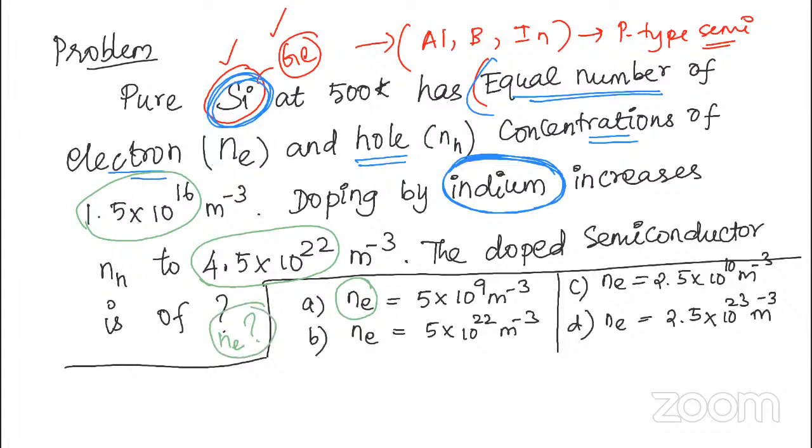Okay, so for the p type we have one formula. What is it? What formula can we use to solve this sum? Do you have any guess? We saw it in the last class, right?